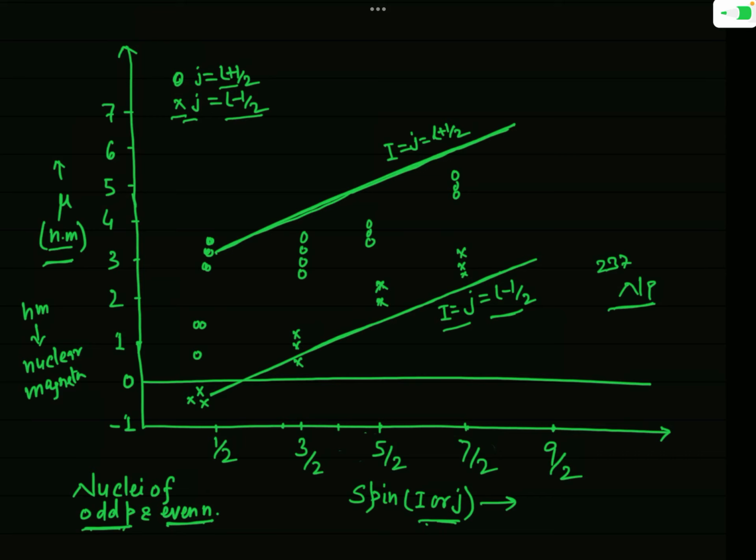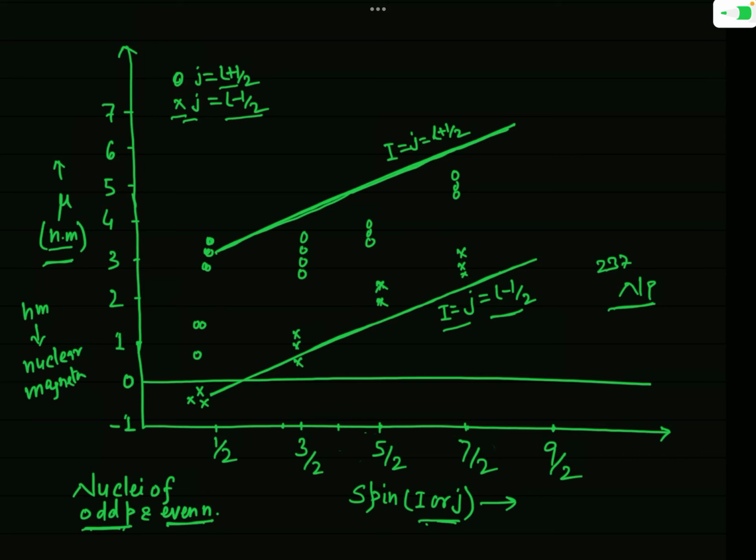And what are the reasons behind this? Actually, there is no reason why the nuclear potential should always be spherically symmetric, as assumed in the single particle model or in the independent particle model. So these values will be valid only when you consider that the nuclear potential is spherically symmetric.